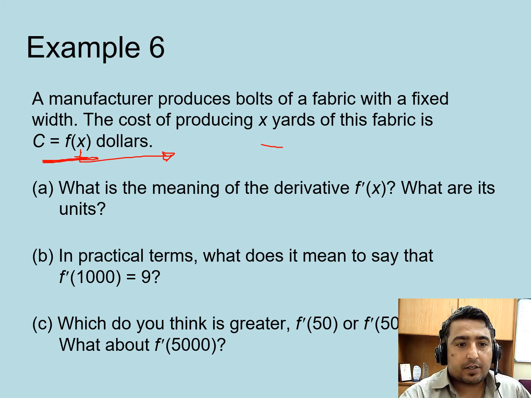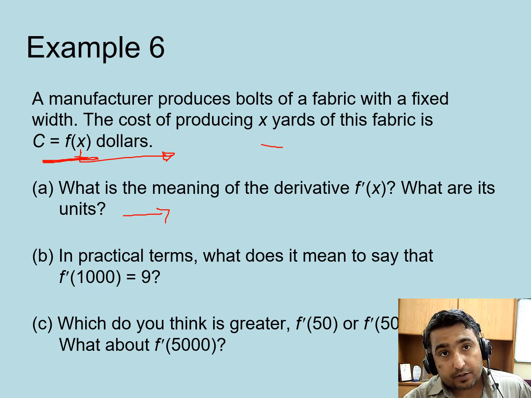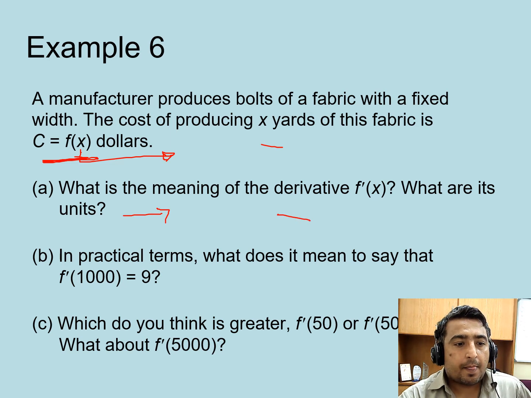So what is the meaning of the derivative of this? What are its units? The derivative means the rate of change of cost with respect to yards. In practical terms, what does it mean to say the derivative at 1000 is equal to 9?